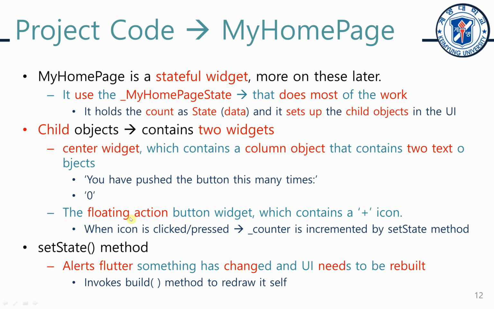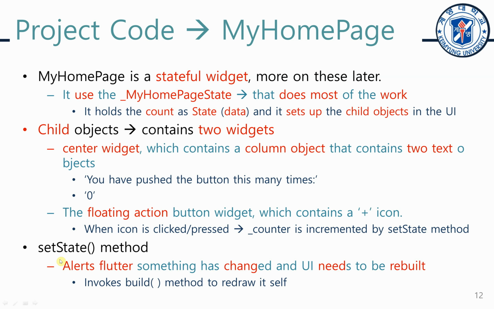And then we have the set state method. Set state with this new information, okay? The set state method is also known by Flutter. Although we define what should be done there, every time the set state method is called, Flutter knows that the whole thing has to be rearranged, or it should be rebuilt.